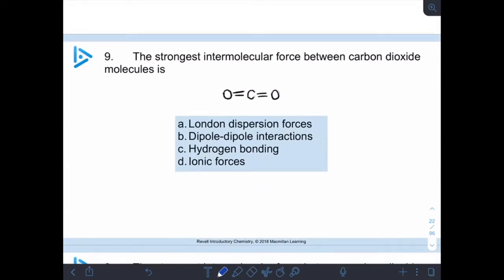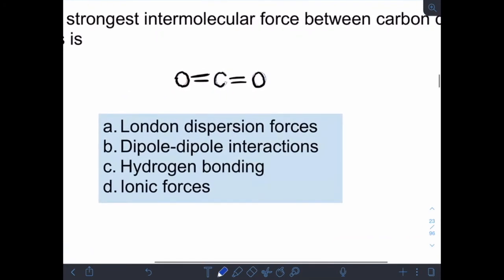What is the strongest intermolecular force between carbon dioxide molecules? If I have a whole bunch of carbon dioxide molecules, what are their intermolecular forces going to be? Dispersion forces, like I said, everything can do dispersion forces. But dispersion forces are the weakest ones, remember.